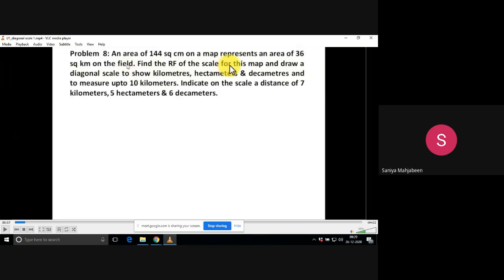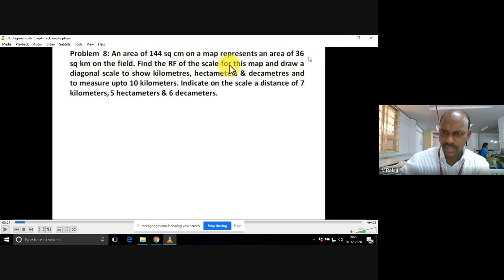Now, can you calculate what is the RF by reading this problem? What is the drawing size and what is the actual size? An area of 144 square centimeter on a map represents an area of 36 square kilometer on the field, some agriculture field.